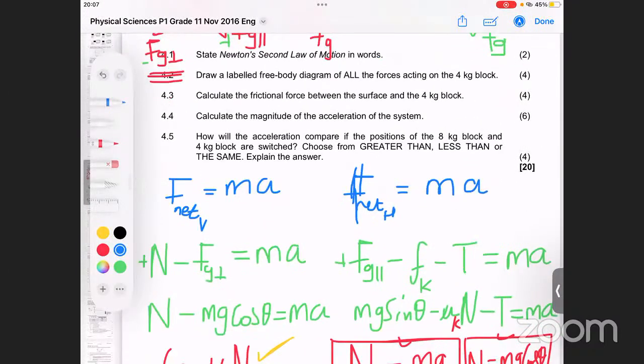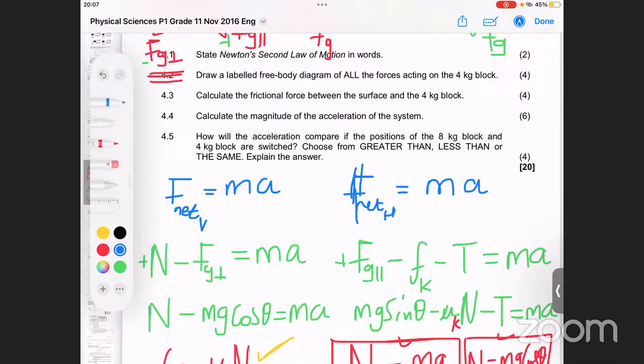You need to calculate the magnitude of the acceleration of the system. Anyone who's got an idea on that one?